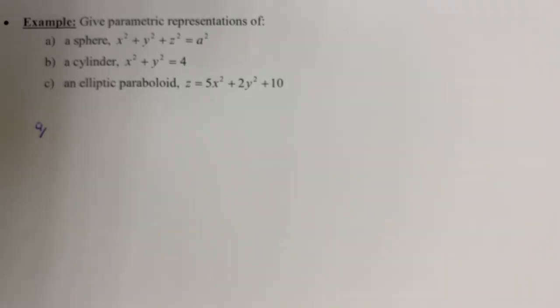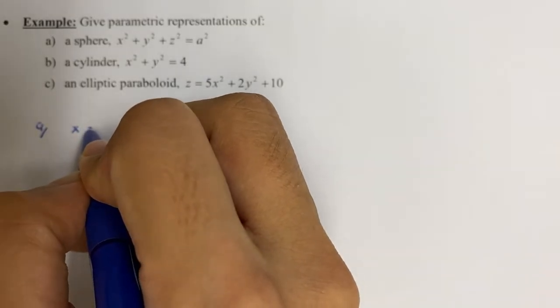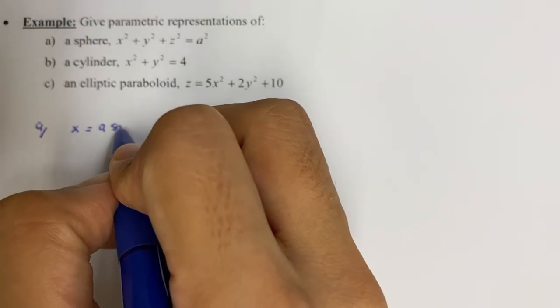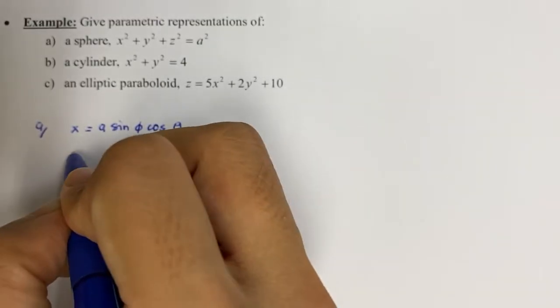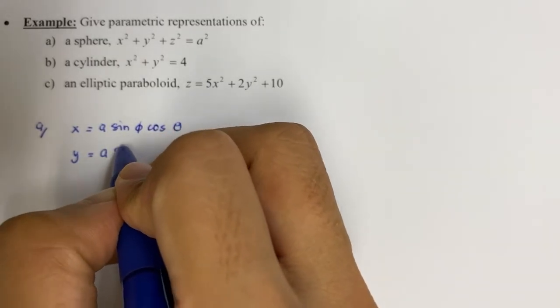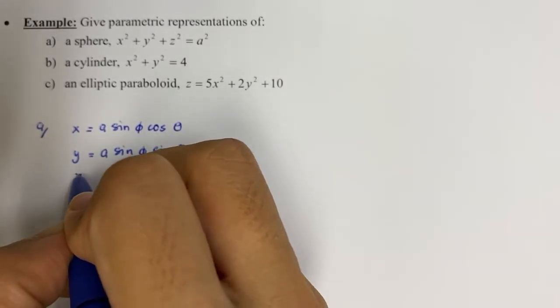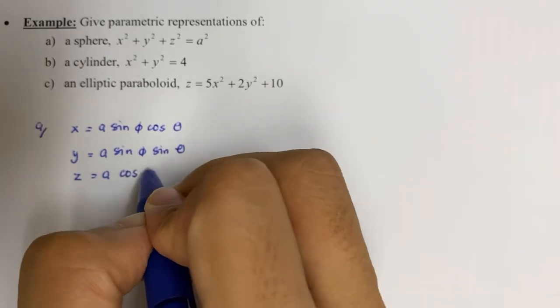For the parametric representation of a sphere, we know that x is equal to a, any constant, sine psi cos theta, and y is equal to a sine psi sine theta, while z is equal to a cos psi.